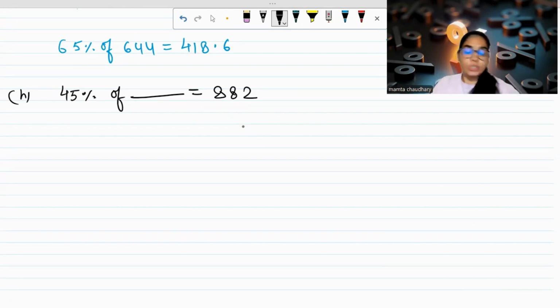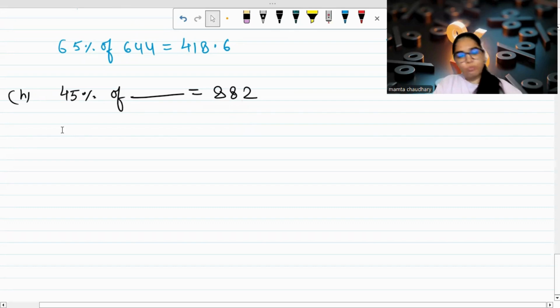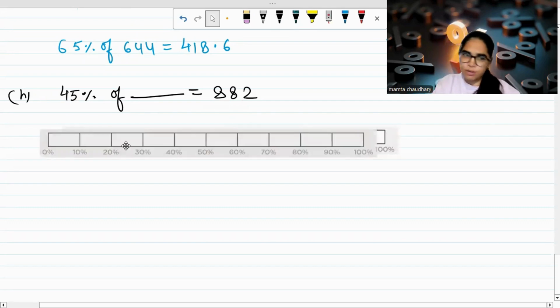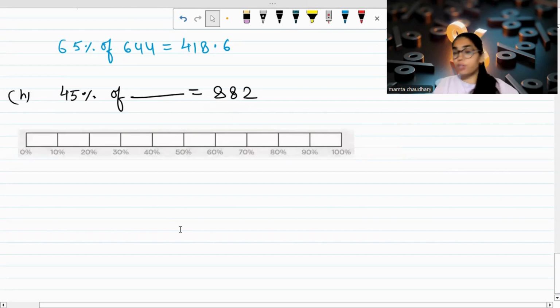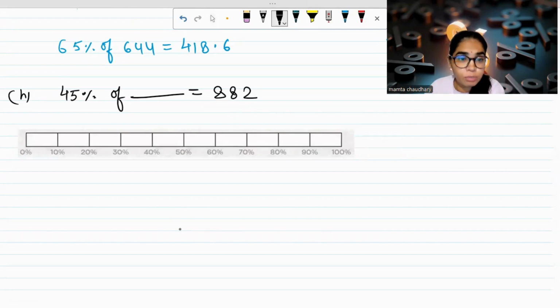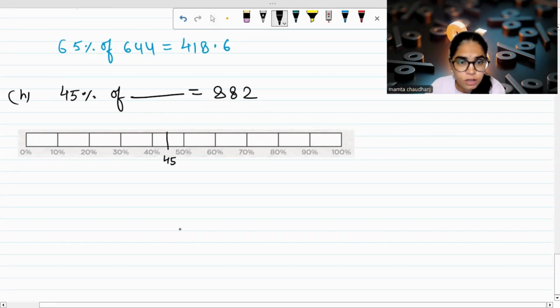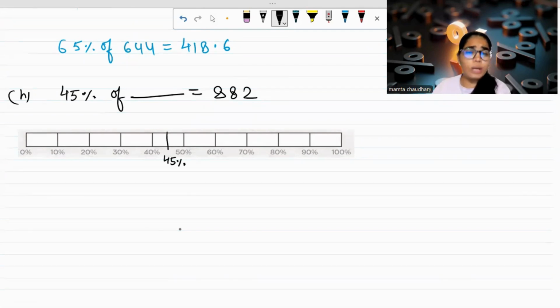How will we find it? Okay, so now what's the first step? The first step is to draw the fraction bar. Yes, we have drawn it. Now mark 45%. Where will 45% come? Between 40 and 50. This is 45%. So to find 45%, we have to divide one part into 2 parts. So let's divide the whole into 2 parts. This will be 5%.